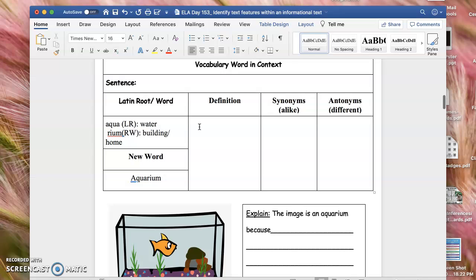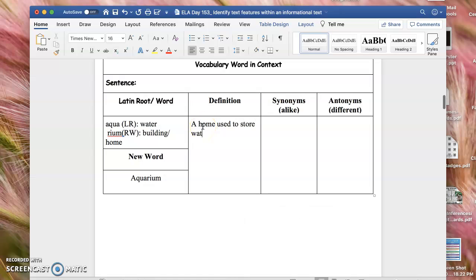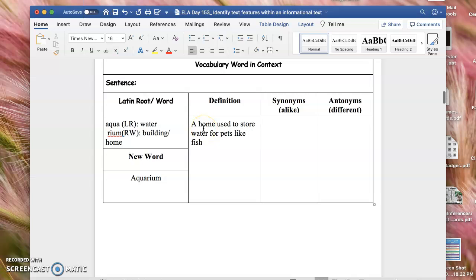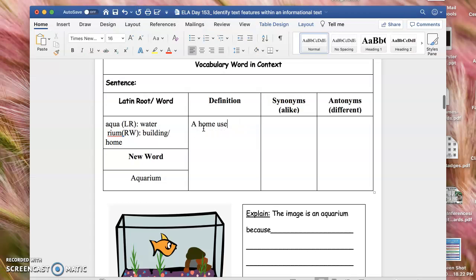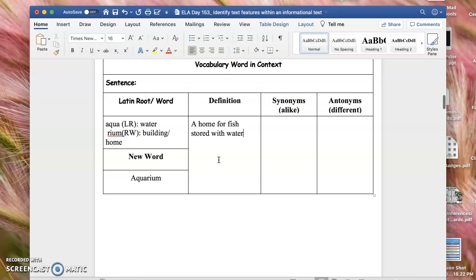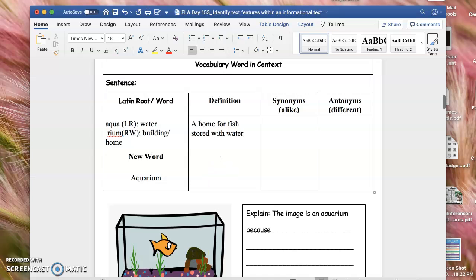An aquarium is a home used to store water for pets, like fish, or a home for fish, right? Stored with water. Okay, all right, good.